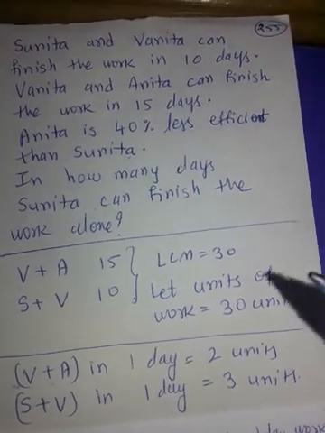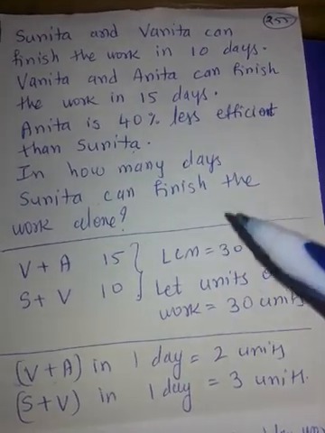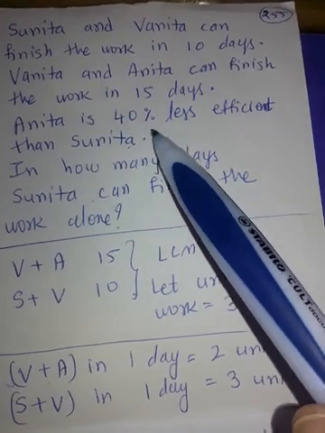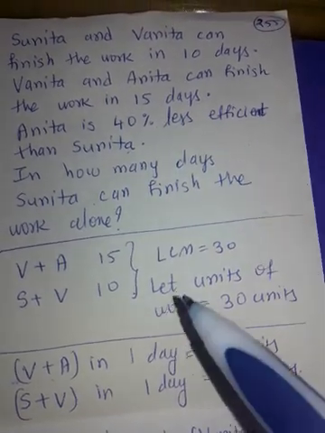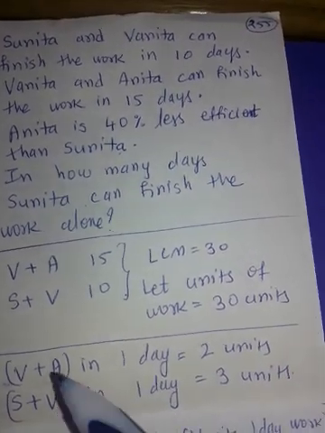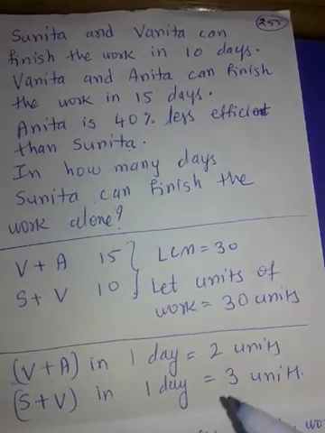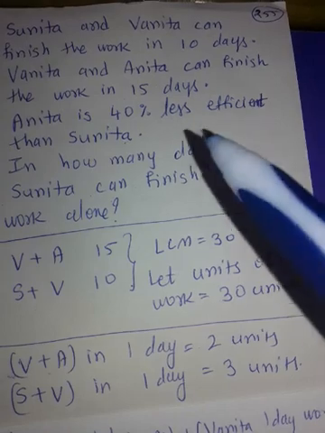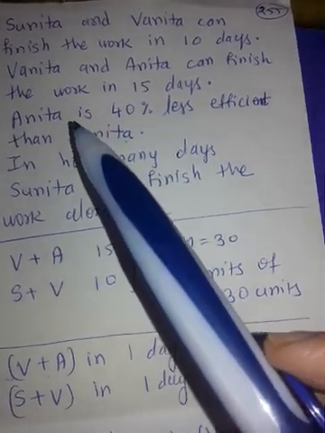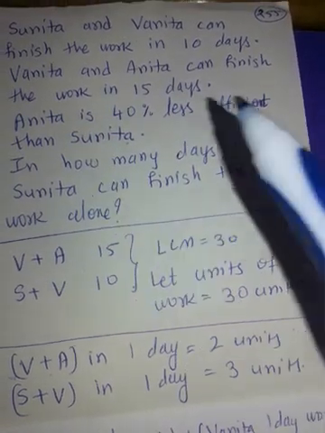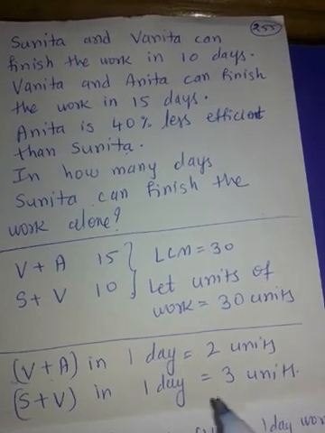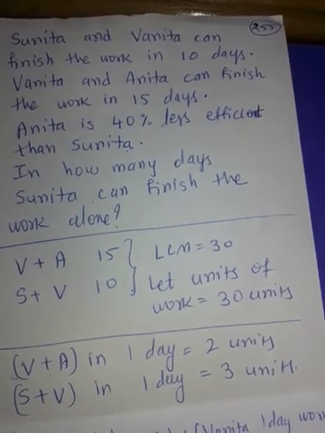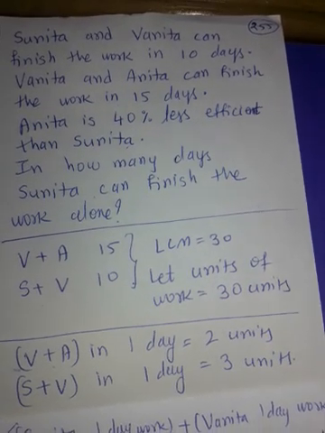I'm talking about this approach to you: whatever is given to us, from that we should understand what next step to take. That's why I'm talking aloud about how I'm thinking. The comparison is given between Anita and Sunita, so from this data also I can get some comparison between Anita and Sunita. See how.